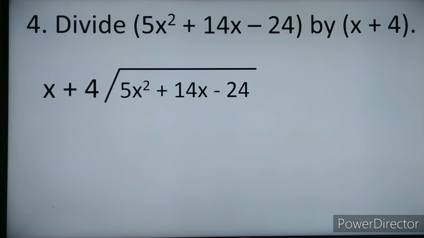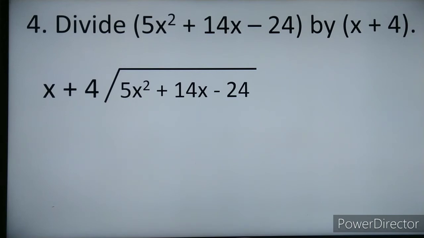Again, you are going to start at 5x squared, but you are going to check first if the exponent of each term in the dividend is arranged in descending order.